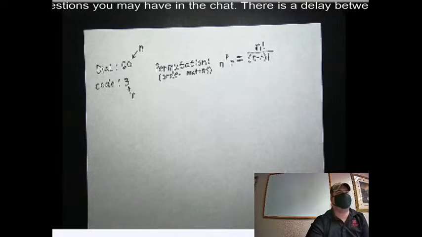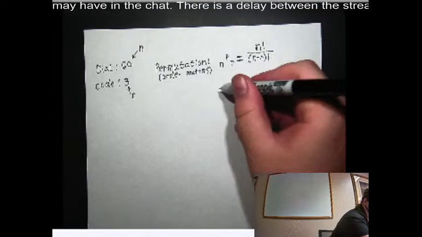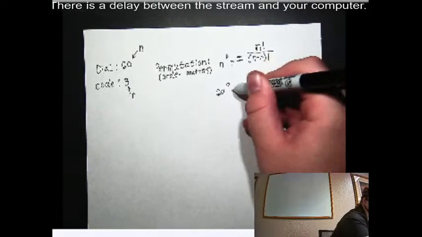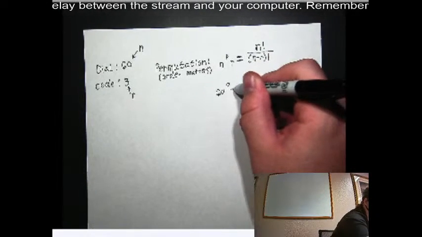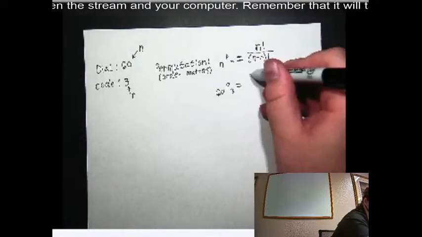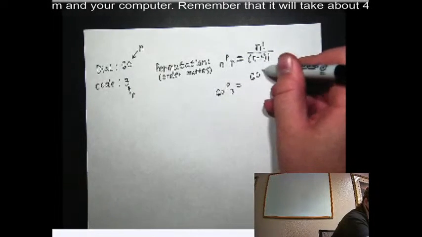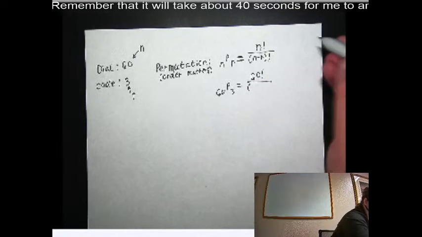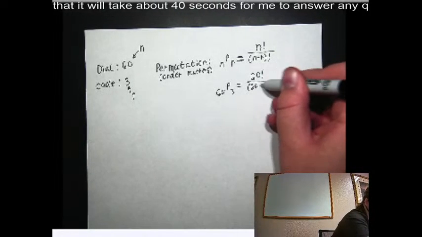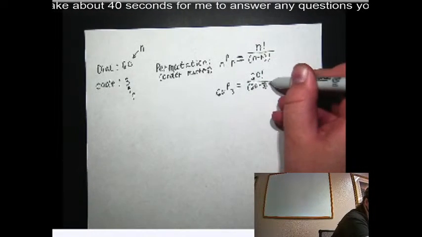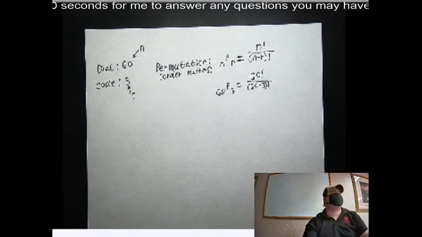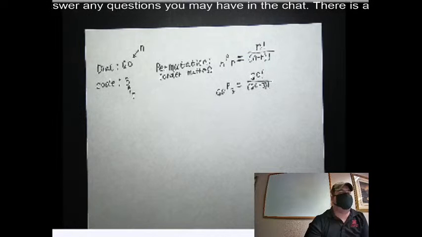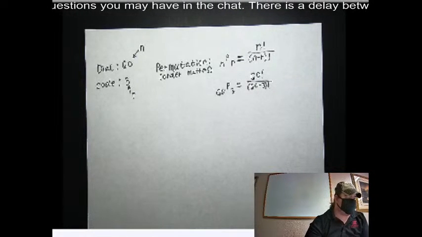So let's go ahead and plug these in and see what it looks like. So again, n is 60. P is just a name, permutation. r is 3. So we have 60 factorial over 60 minus 3 factorial. Okay, so now we need to follow our order of operations to solve this thing.